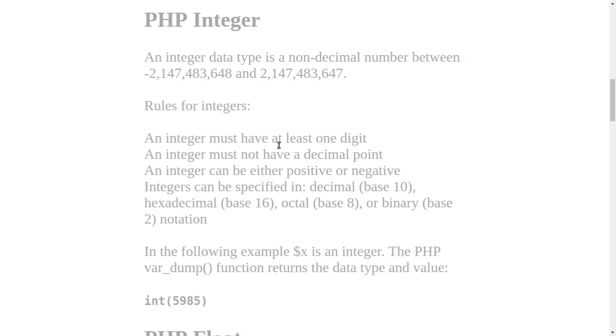An integer must not have a decimal point. An integer can be either positive or negative. Integers can be specified in decimal (base 10), hexadecimal (base 16), octal (base 8) or binary (base 2) notation.